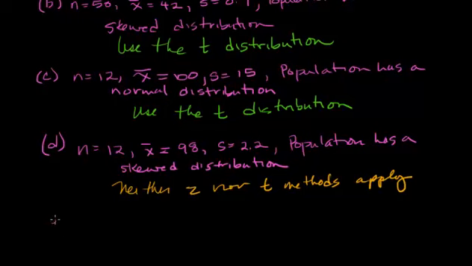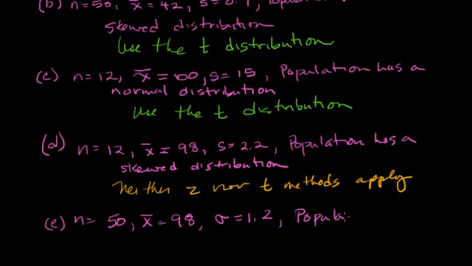Okay, one last example. N is 50. Sample mean 98, population standard deviation 1.2, and the population has a skewed distribution. Okay, well, we have sigma, so we're on the z path.